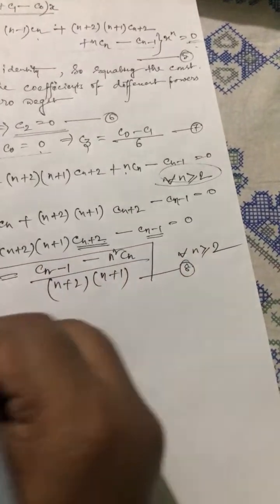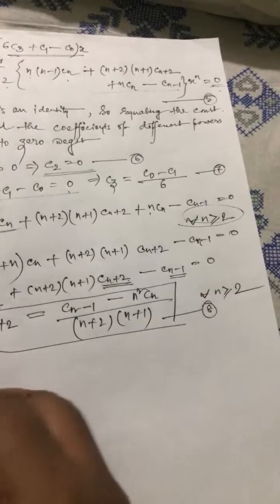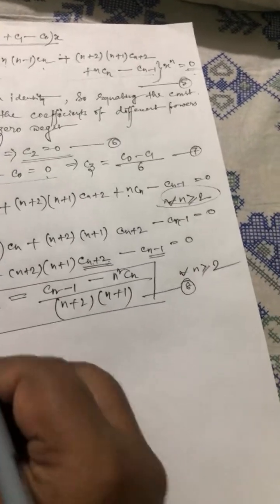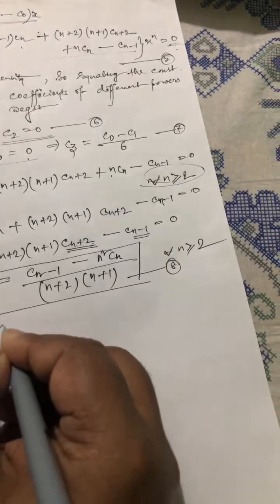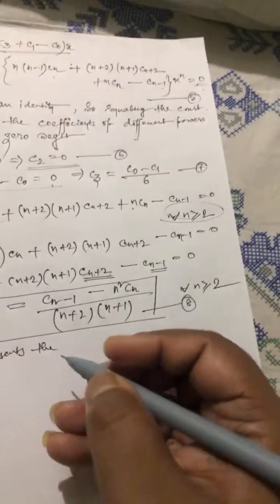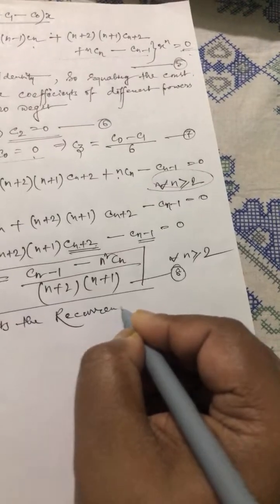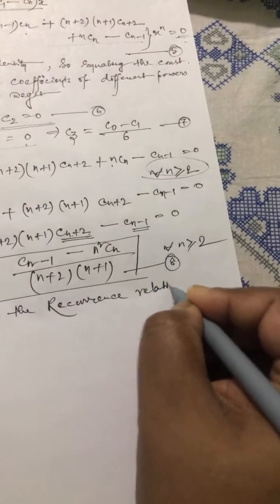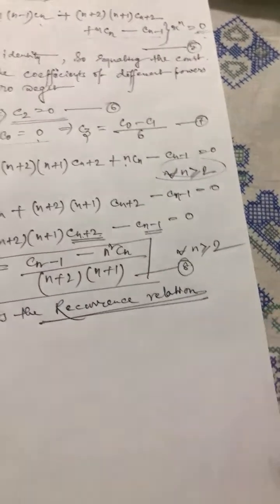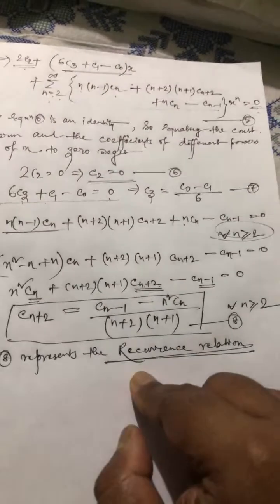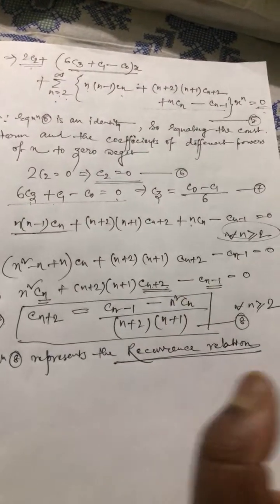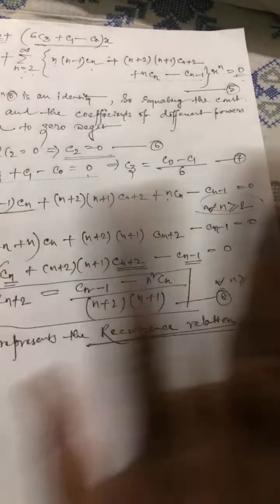This particular relation, equation 8, represents the recurrence relation. Okay, now don't forget, this recurrence relation is not unique. Don't take it that way.